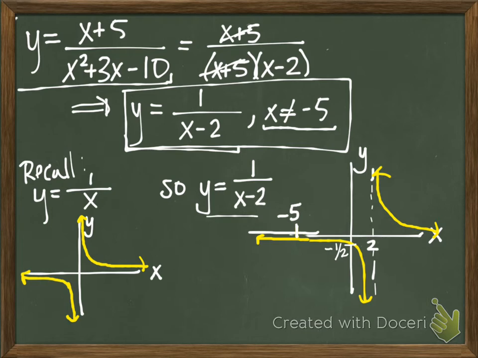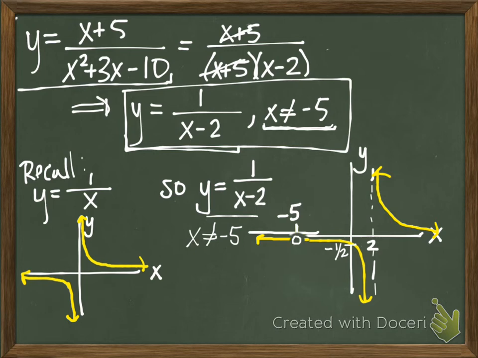All right, now we want to graph our original function, so we have a hole at negative 5. So here at negative 5, I'm going to erase a little space of the graph and leave a hole. And it's even more useful if you can label the y value where the hole would occur.